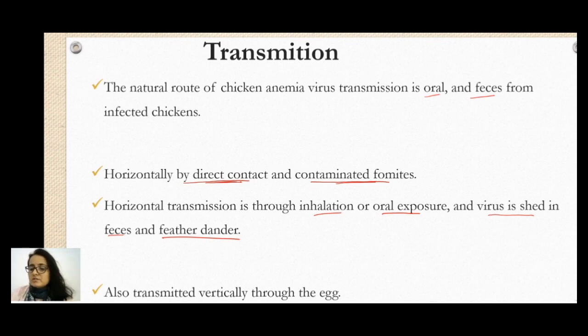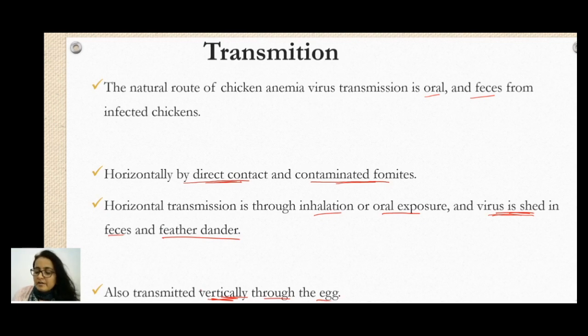These are the most likely ways other birds are infected by the virus: through droppings or other discharges, and through feather dander. Transmission of the chicken anemia virus also occurs vertically, through the eggs.